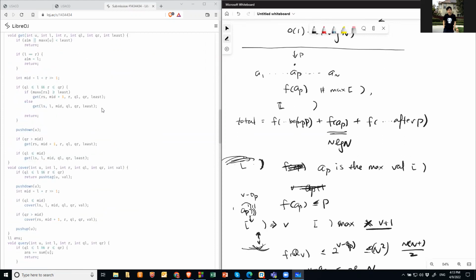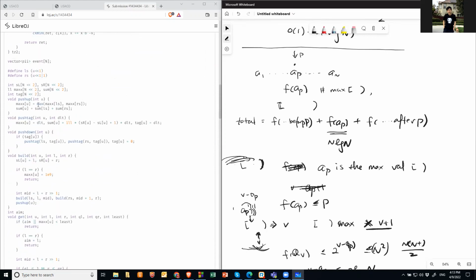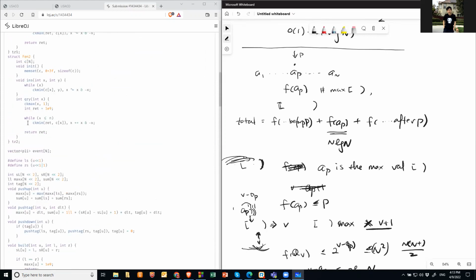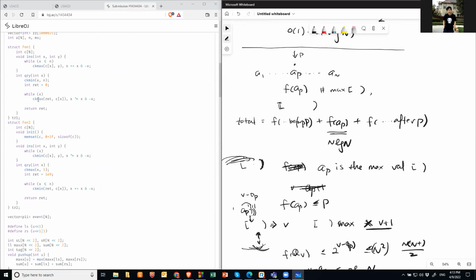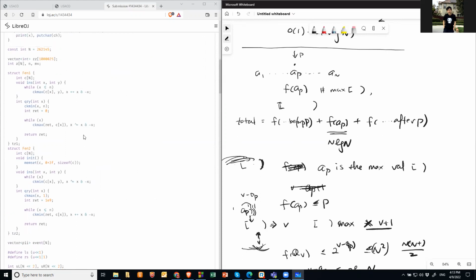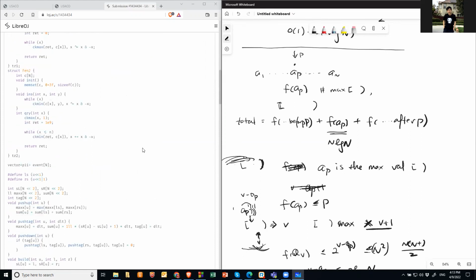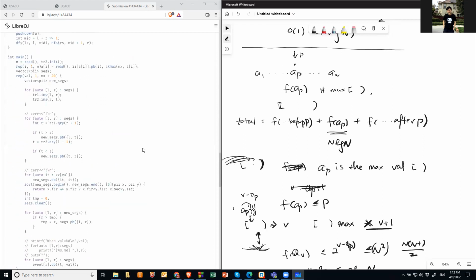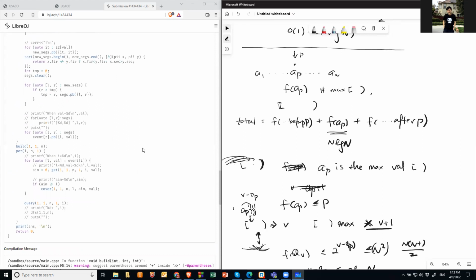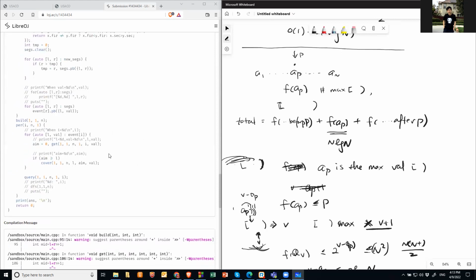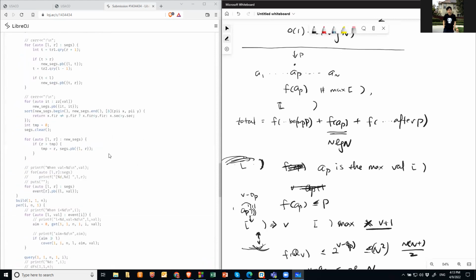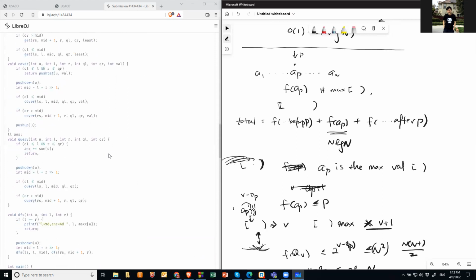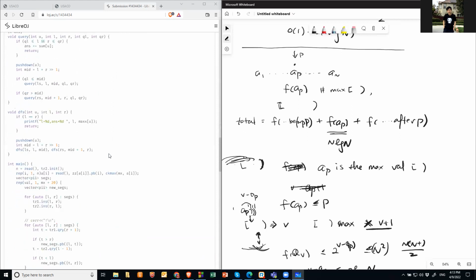It's implemented by BIT, but we all know a BIT is just another way of looking at the segment tree. So just use the segment tree with lazy update to calculate how many you have. Then each time you just take the number of intervals times the value there.